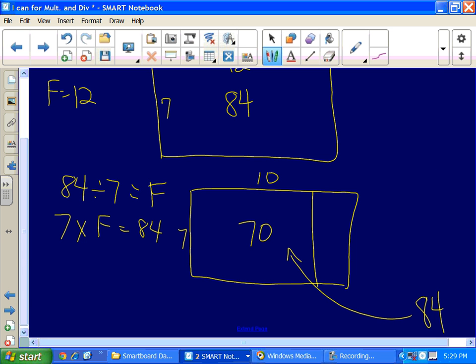That would leave 14 because 84 minus 70 is 14. So now I'm thinking 7 times what? So I know this has to be 14. So 7 times what gives me 14? 2. So therefore, you can see we still came up with 12. So we can break that down to help us figure that out.